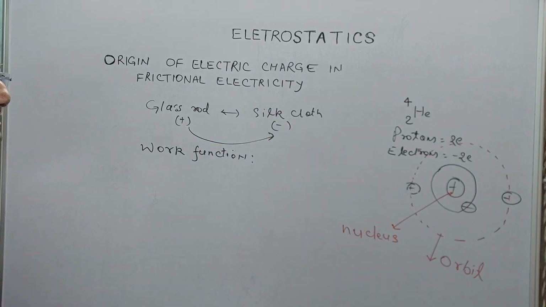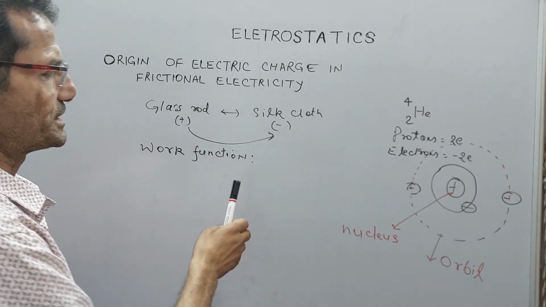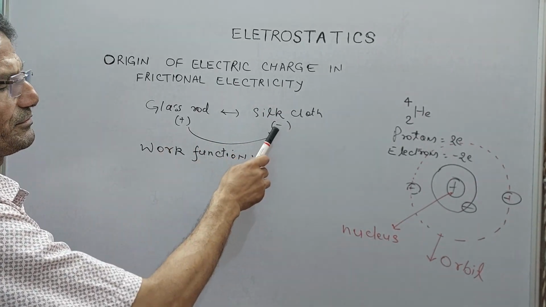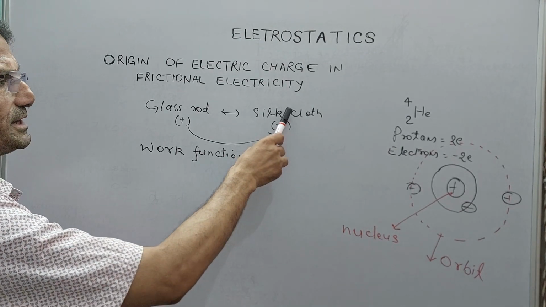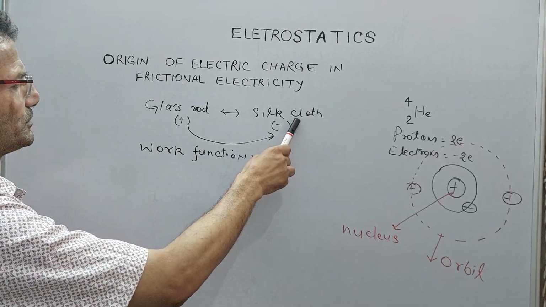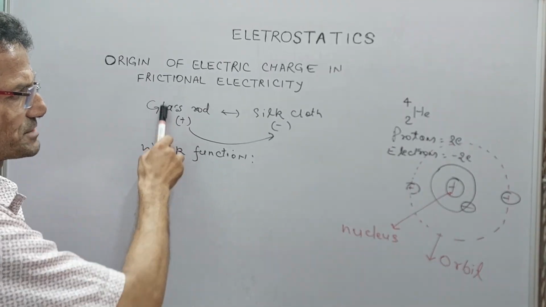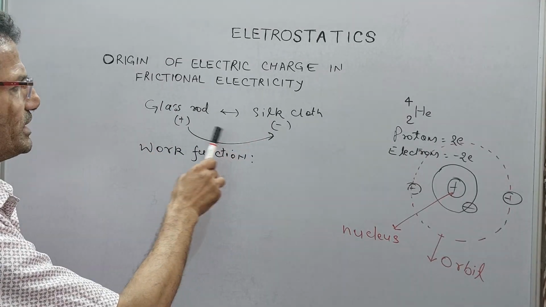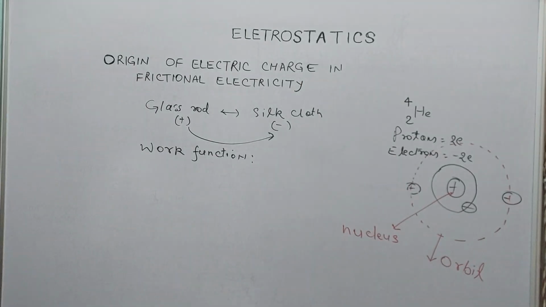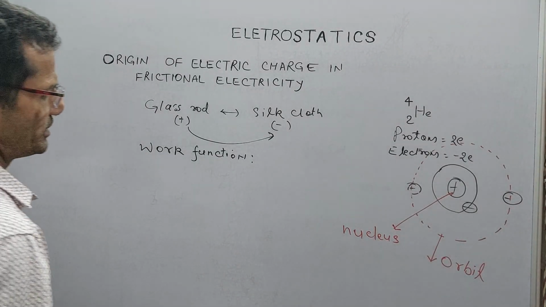So due to the rubbing, electrons come out from the glass rod more easily and are transferred from the glass to the silk. That's why the glass rod becomes positively charged: its work function is smaller.